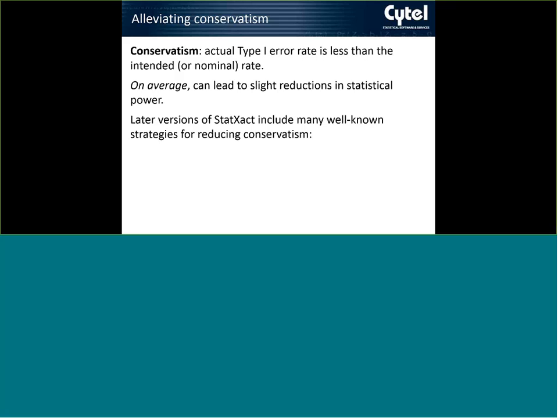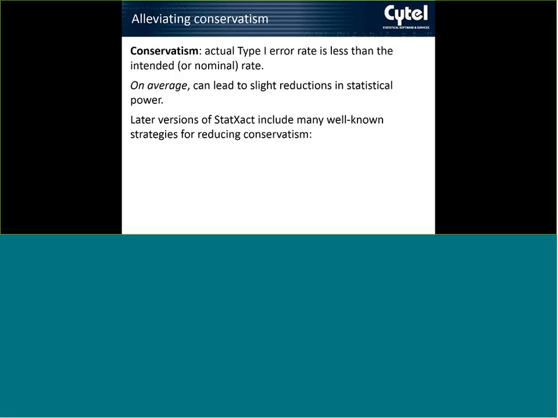For example, to combat conservatism, subsequent versions of StatXact over the years have included a lot of well-known strategies that reduce that kind of conservatism. In other words, they allow you to have the guarantee of an exact method, preserving the type 1 error rate, but improve the statistical power.